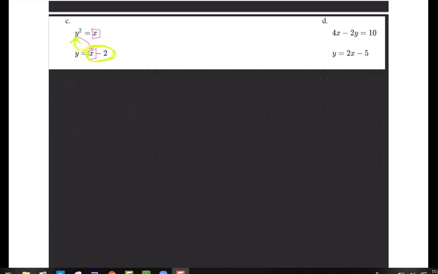Originally we had y squared equals x, but what are we going to put in for y now? X minus 2, right? The only thing you're substituting is for the y, and the rest has got to stay the same. So you still need the square, and that's going to equal x.